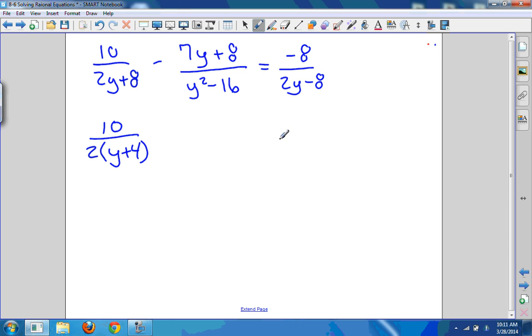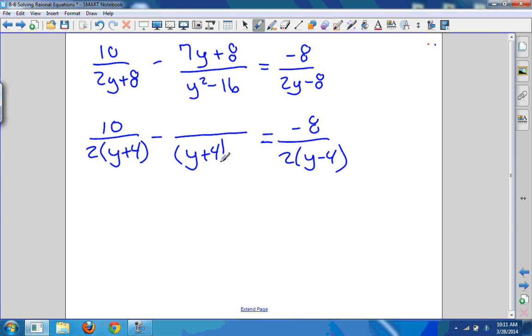I'm going to do the same thing at the end here. I'm going to factor out a 2, and I get y minus 4. In the middle here, y squared minus 16, that is a difference of squares. So I can factor that, and it should be y plus 4 times y minus 4.